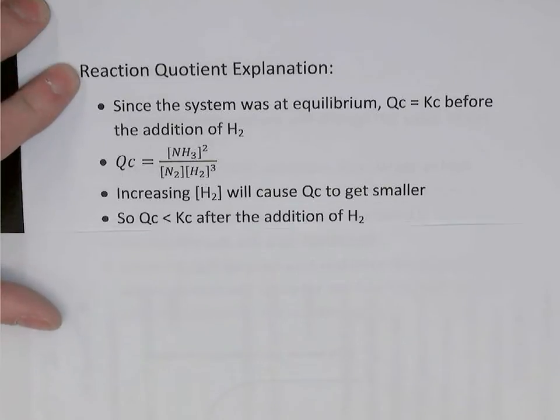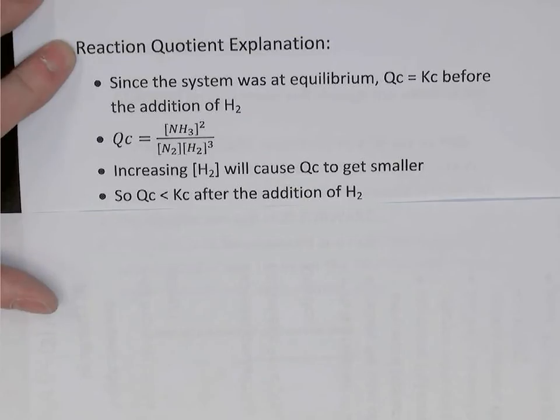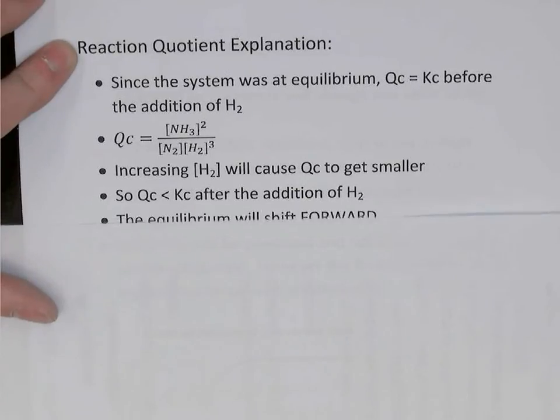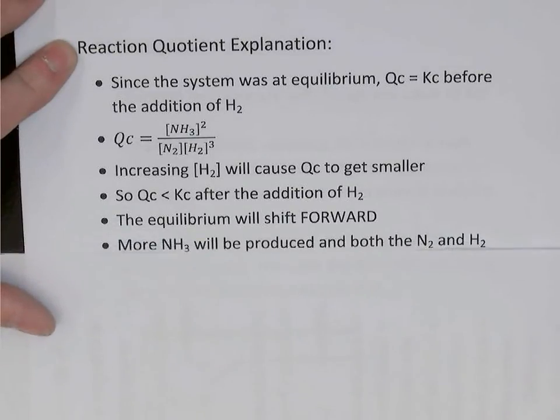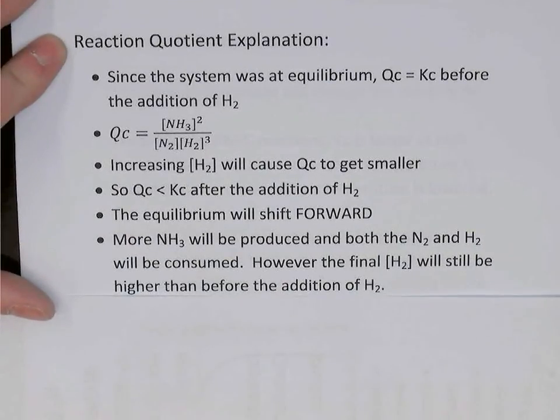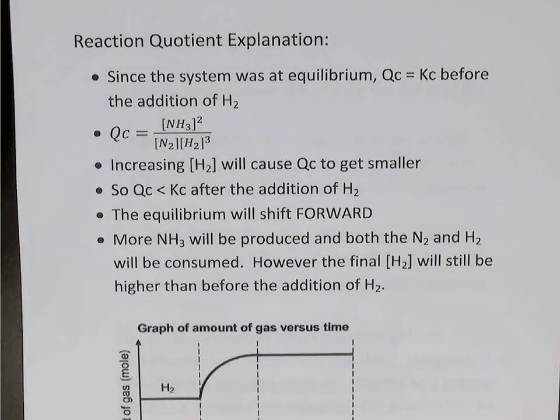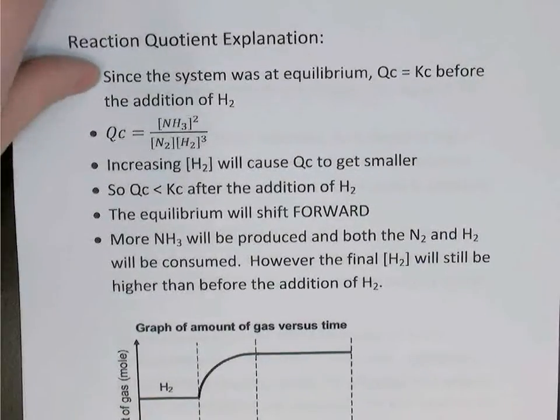Since Q is smaller, it's now less than Kc, and we've seen earlier in the equilibrium unit that when Q is smaller than K, the reaction will shift in the forward direction. And once we see a forward shift, the same final statement: we get more ammonia and less nitrogen and hydrogen as a result. The final hydrogen, though, again, is still higher than it was before the addition of hydrogen at equilibrium.